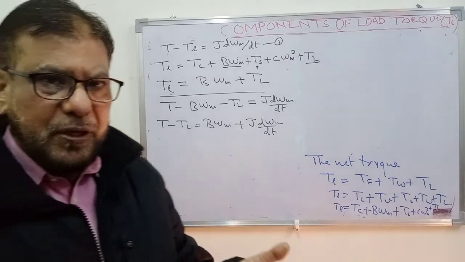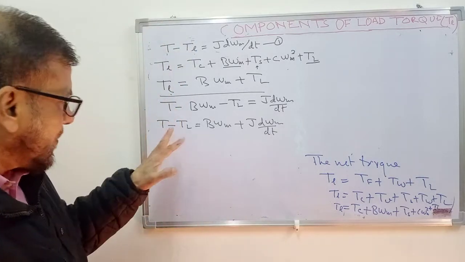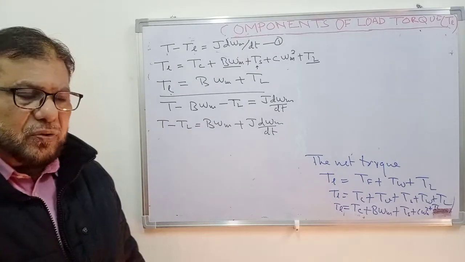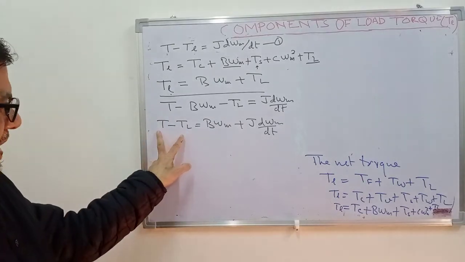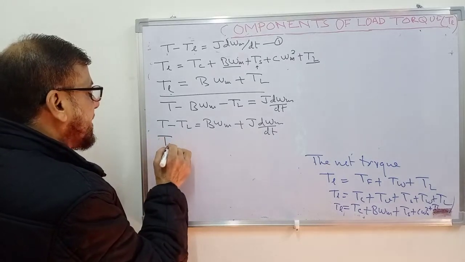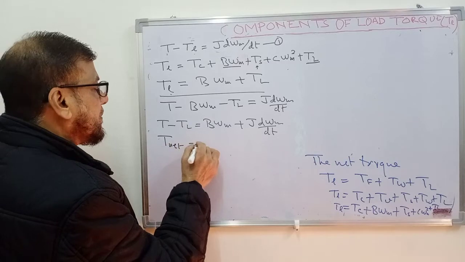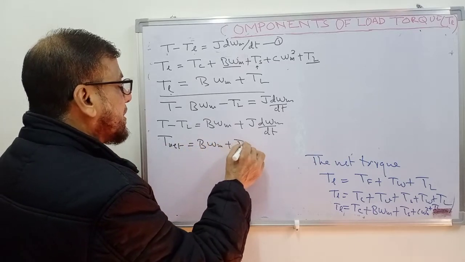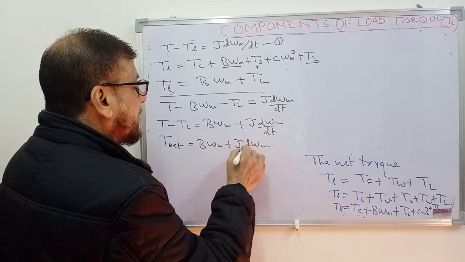It does not depend on speed. So suppose the load torque TL is constant. Then T minus TL, let me call it T net, is equal to B omega m plus J d omega m over dt.